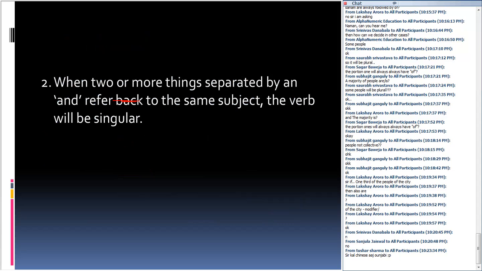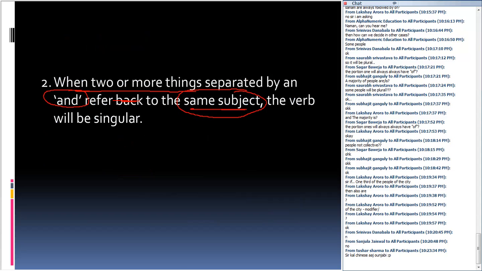When they refer to the same subject, then the verb will be singular. मतलब आपने दो या दो से ज्यादा चीजें यूज तो की हैं, and they are separated by the word and, but they refer to the same subject, which implies that subject is just one. In that case, the verb also will be singular.